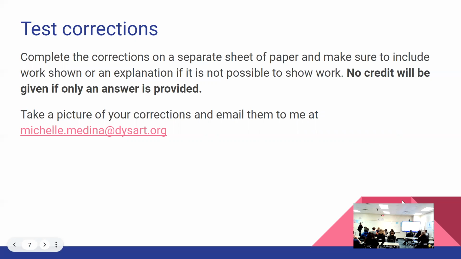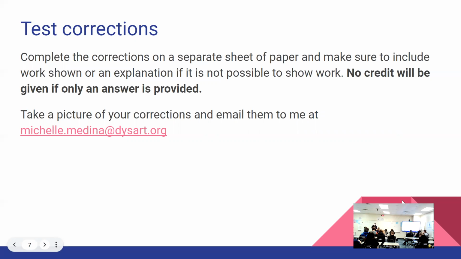So you don't necessarily have to come to tutoring to do these test corrections. You can do them at home on your own lined paper. Just write the name of the test, say which one you got wrong, why you got it wrong, like maybe you did a calculator error or something, and then rework the problem and pick your new answer.